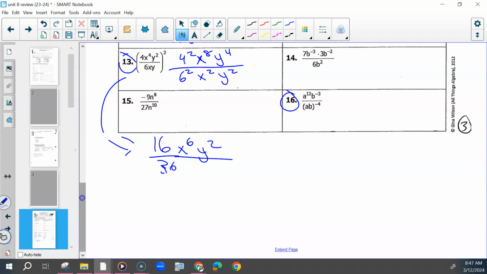And then we can simplify 16 over 36, which would be what? So 4x to the 6, y squared over 9.